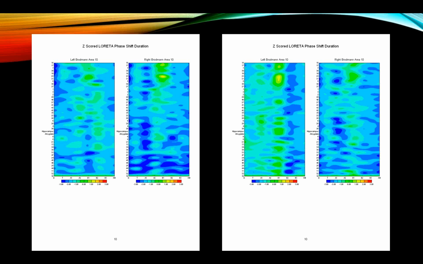And this data strongly suggests that we can influence phase shift metrics with NeuroField. And the significance of this is that phase shift is highly correlated with IQ.